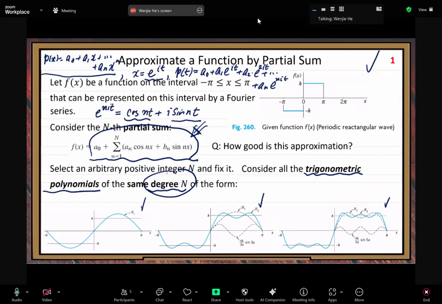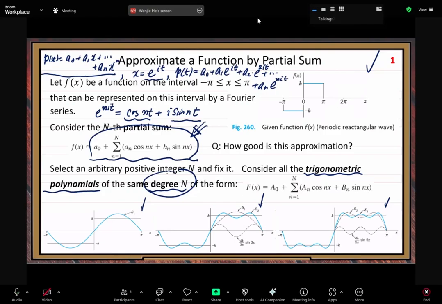The class or set, no big difference. We put all the functions in this form in one set, and we study this set of functions.